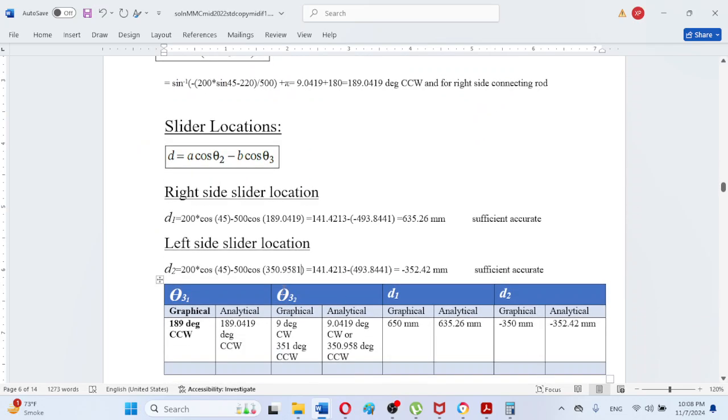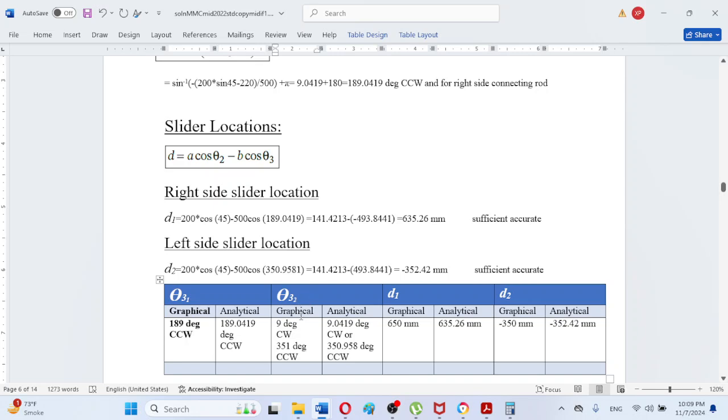Here I have listed the final result, that theta 31, the connecting rod angle, graphically is equal to 189 counterclockwise for the right hand circuit, and analytically it is equal to 189.0419 degrees counterclockwise, and in a similar manner theta 32.